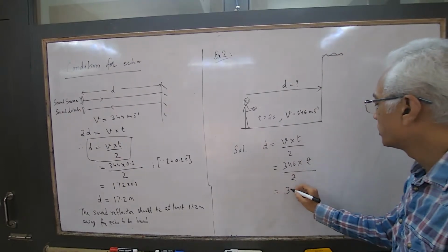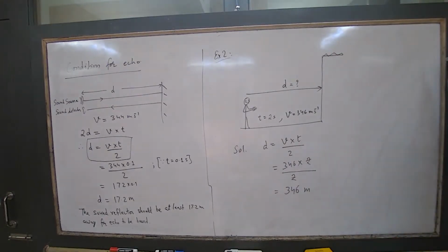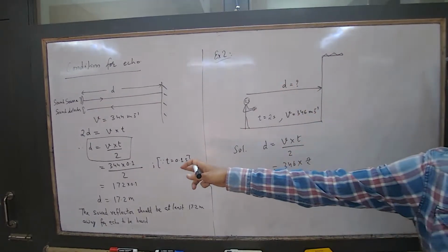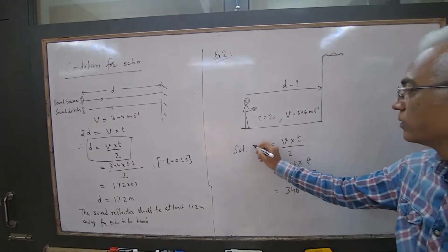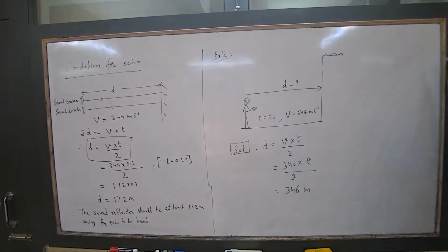It must be 346 meter. Okay, it has to be 346 meter. Right? So in the book they have first found 2d, but once you know this formula you can get it very easily. So for all echo questions you have to solve them like this.